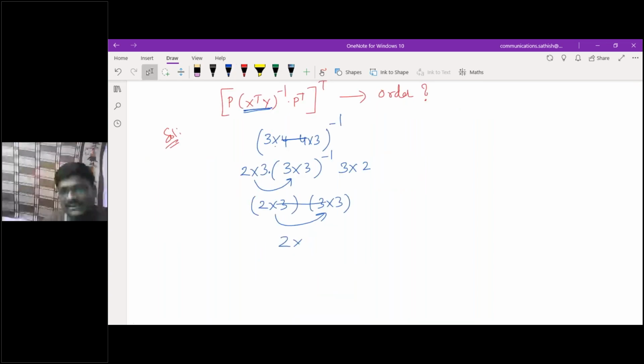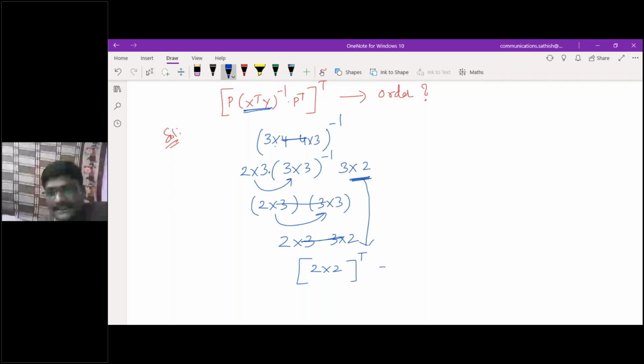This will be multiplied with 3 by 2. Again these two get cancelled, and 2 by 2 will be there. Then finally you have to do the transpose. It's a square matrix, so the transpose of this is the same 2 by 2. That's all. Are there any doubts?